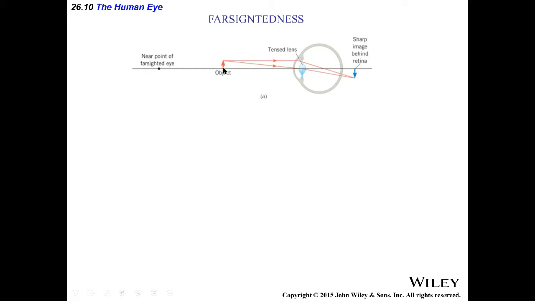So if you now bring an object that is close to me, I am not able to increase my curvature here, the lens here. I'm not able to make it now more curved so that it will now focus it on the retina. And what I now need is a converging lens to make it already converge so that it would.